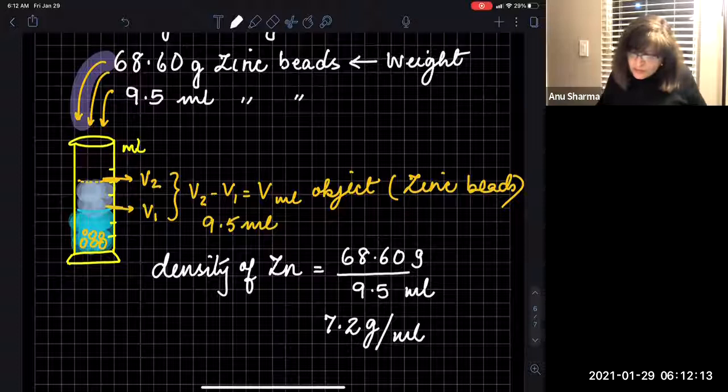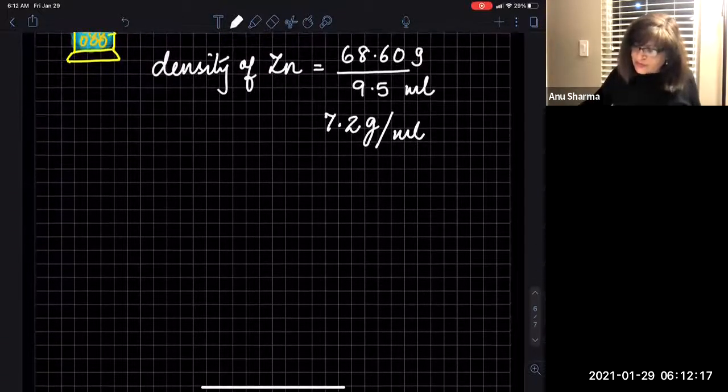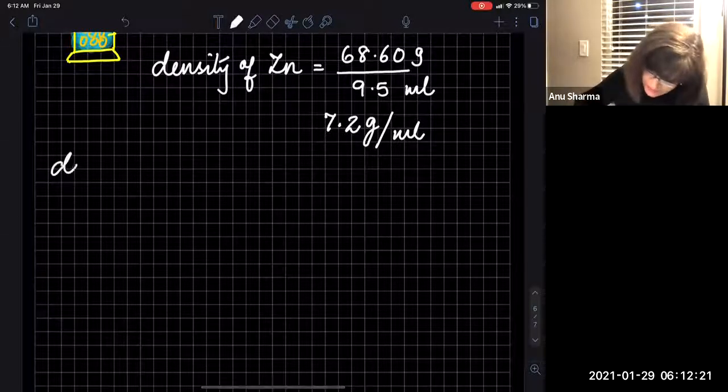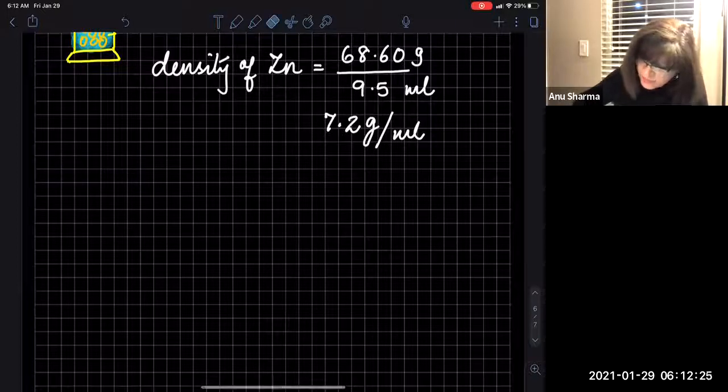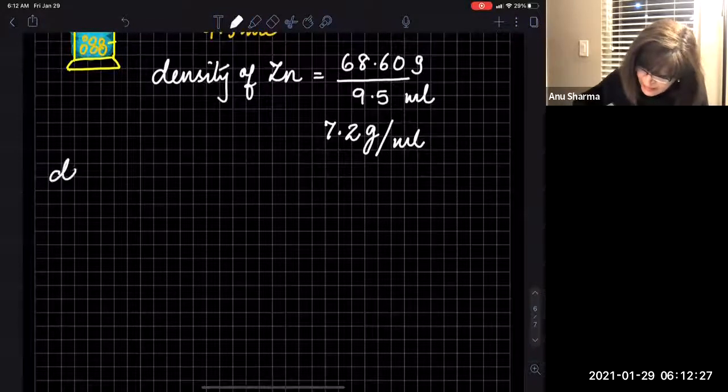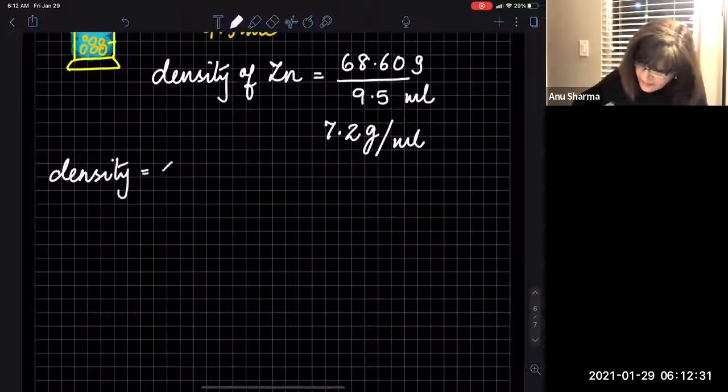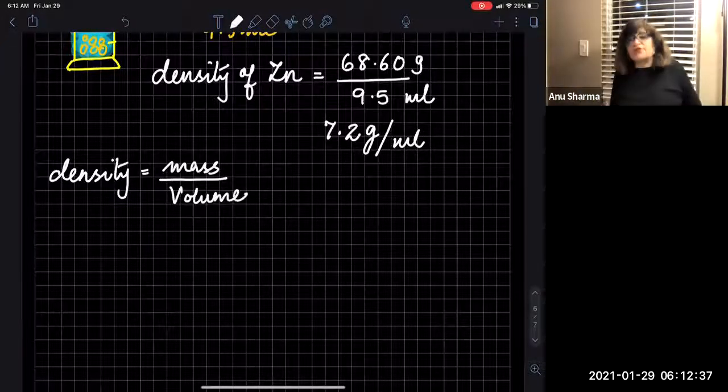The density is going to remain consistent. But using the density formula, if you know the density, you can find the mass or you can find the volume. Just like you can get the density using the mass and volume, same is the case.